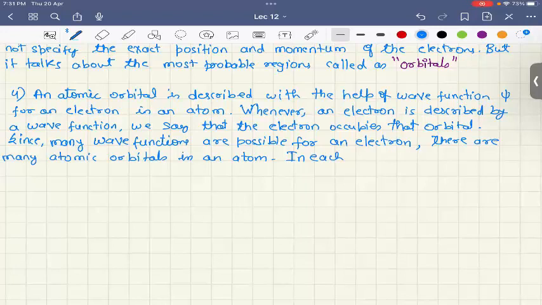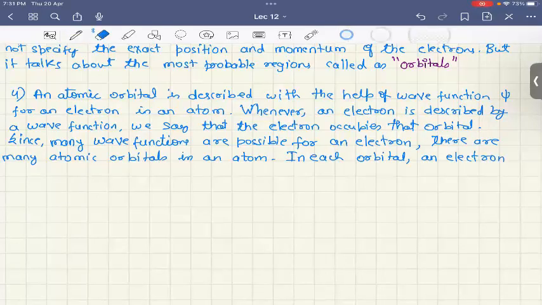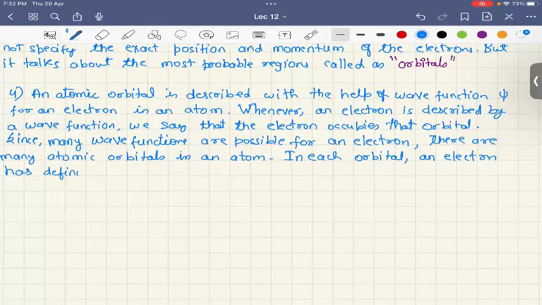In each orbital, an electron has definite energy, right?